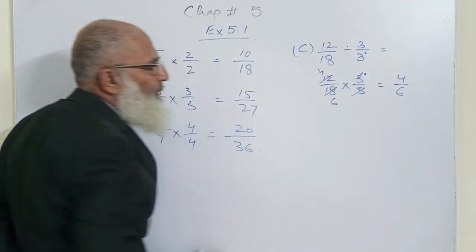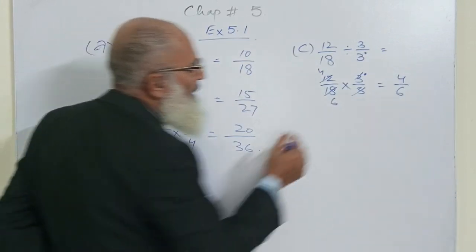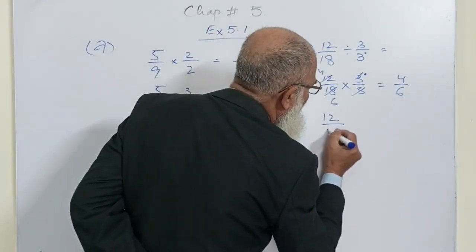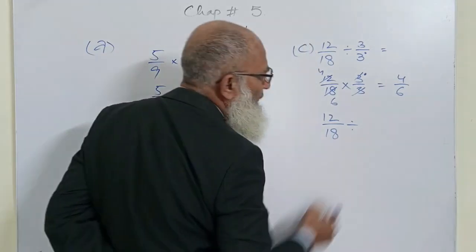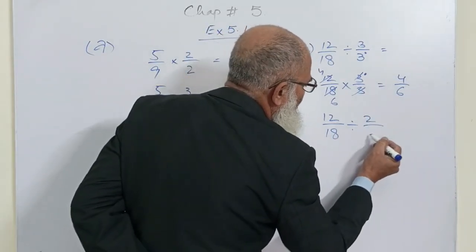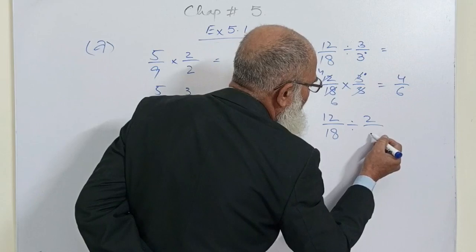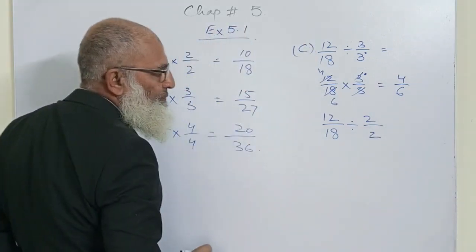You see that the parent fraction will remain the same. Now for the second, you can also do it dividing it with 2. Dividing it with 2, you will get this.